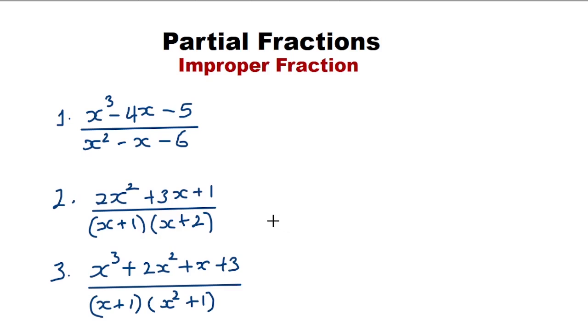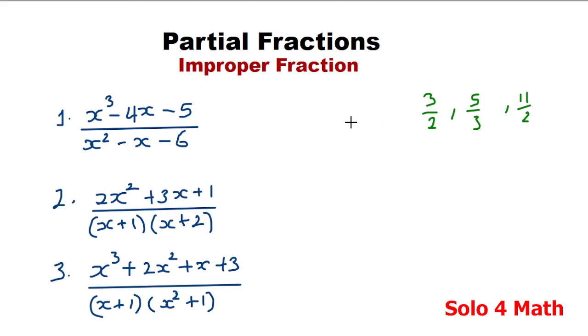How do we identify an improper fraction? In normal fractions, we would call a fraction improper if the denominator is smaller than the numerator, like 3 over 2, 5 over 3, 11 over 2. These are improper fractions.